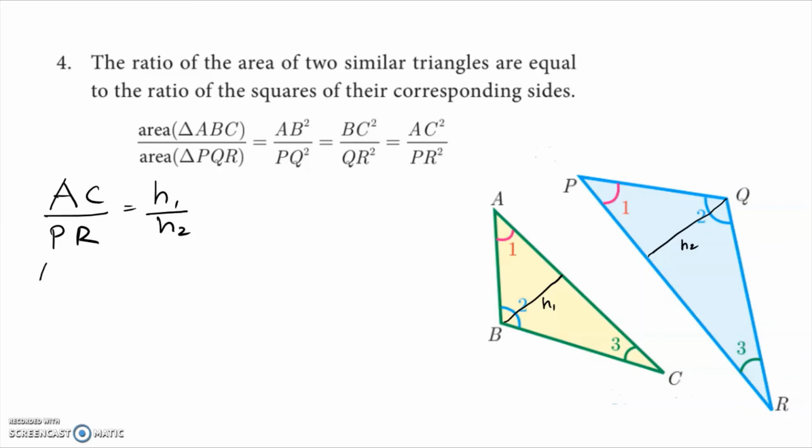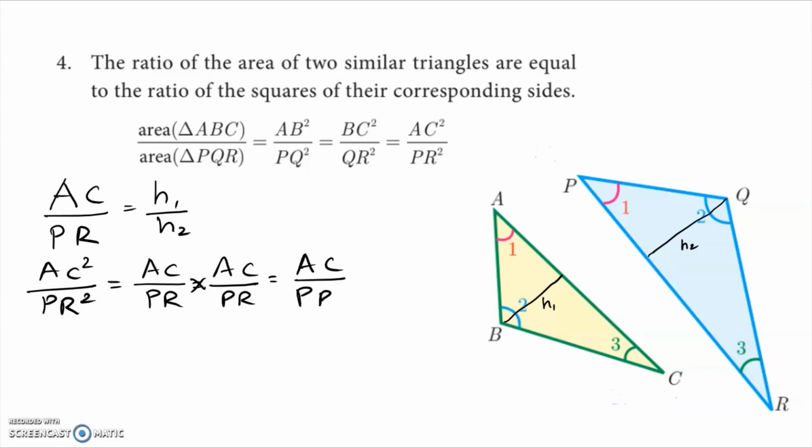Alright, now let me do AC squared by PR squared, which will be equal to AC by PR times AC by PR, which will be equal to AC by PR into, I can bring the H1 and H2 here, because AC by PR is equal to H1 by H2, and I multiply the numerator and denominator by a half.